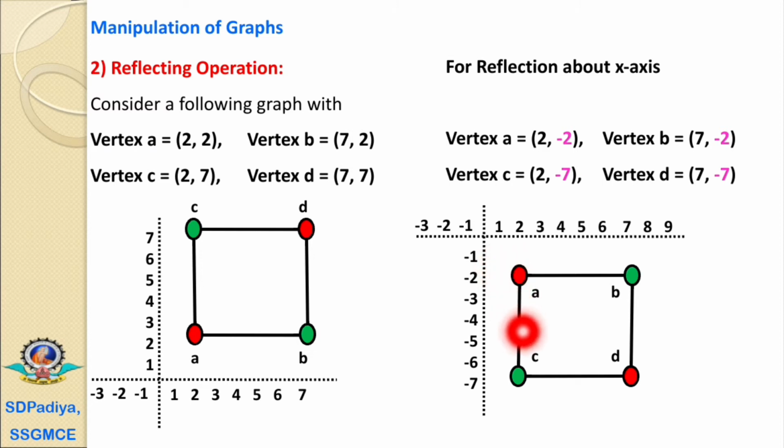Vertex C, x coordinate is 2 and y coordinate is -7, and vertex D, x coordinate is 7 and y coordinate is -7. This is called a reflection of a graph about the x-axis. If we are to perform the reflection about the x-axis, then we have to perform the change in the y coordinate.